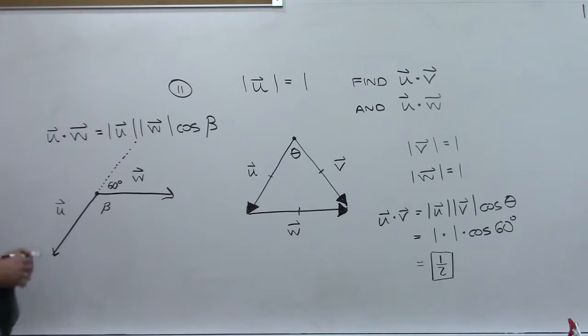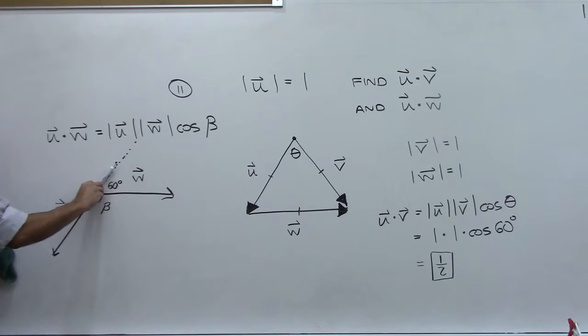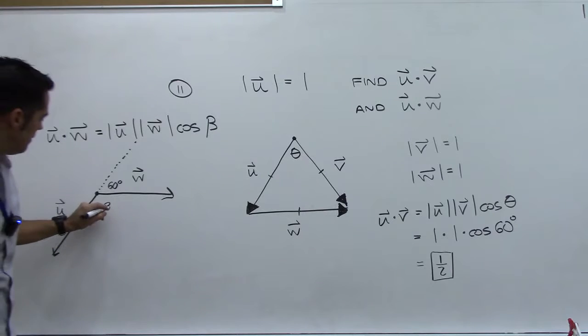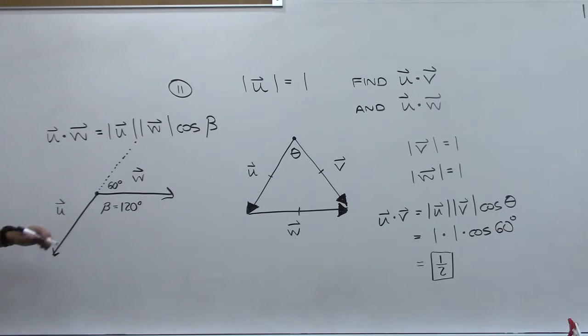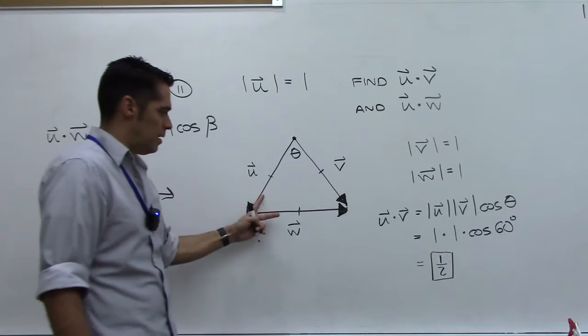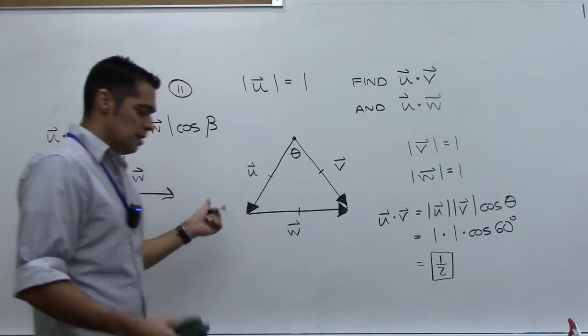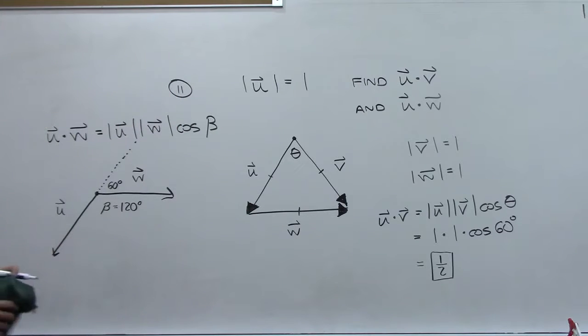And if that's 60 degrees, then a full rotation this way is 180. That means this beta would have to be 120. So the angle between u and w is actually 120, not 60. So be careful with that here. The direction of the arrows is going to dictate that and where the tails are.